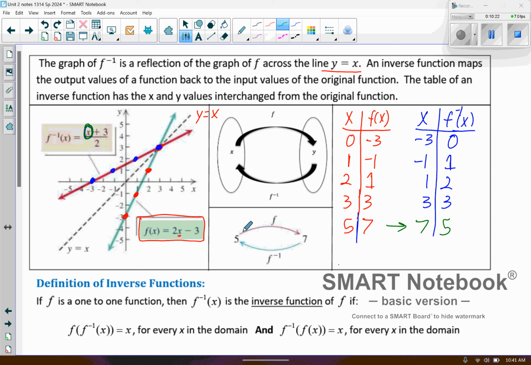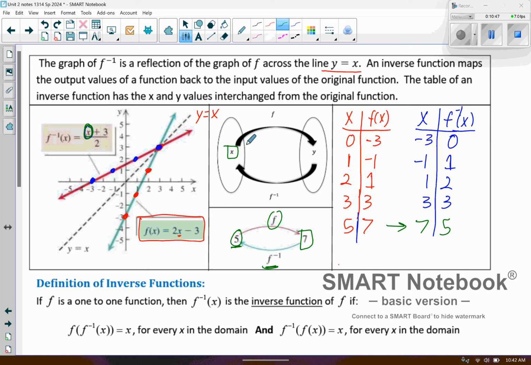And so here's kind of a visual of this. I take the 5, I plug it into the f function, and it gives me a 7. I take the 7, I plug that into the inverse function, it takes me right back to the 5. That doesn't quite prove that they're inverses. What I have to do is prove what's above here. Instead of plugging in 5, I have to plug in x.